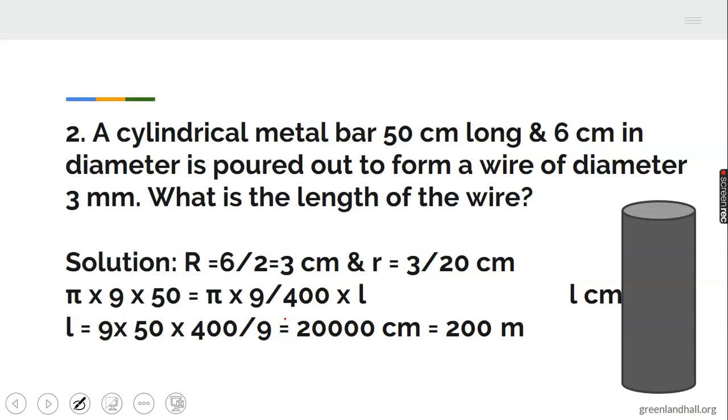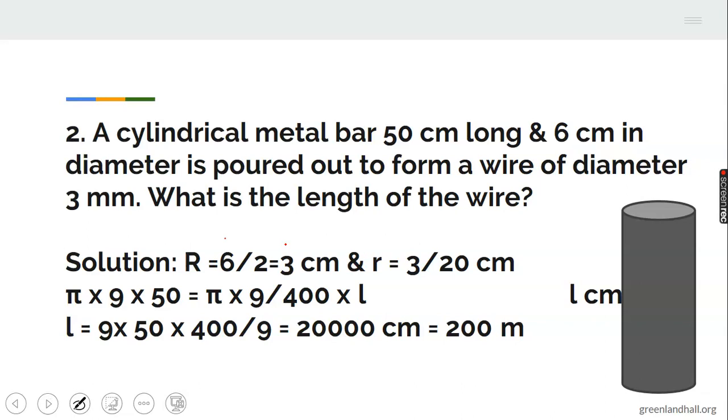So the volume of the first one is pi r squared, and the same with the other one, only that they have different radii. Now, the radius of the first one is 6/2, and that will give us 3 cm. That's big R, because the radius of the first one is bigger than the second one.